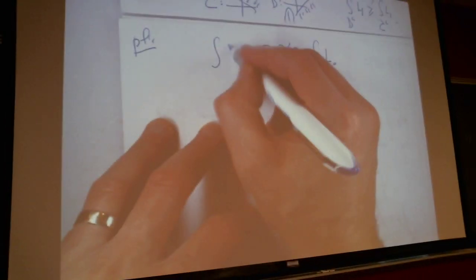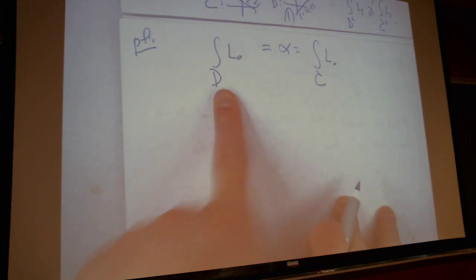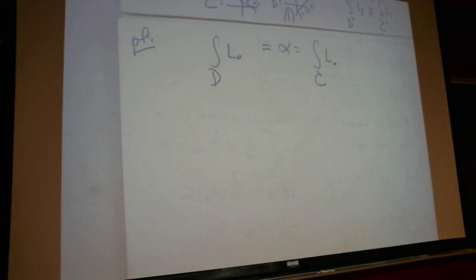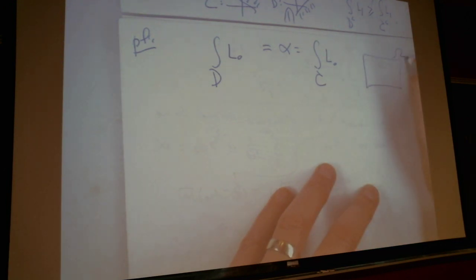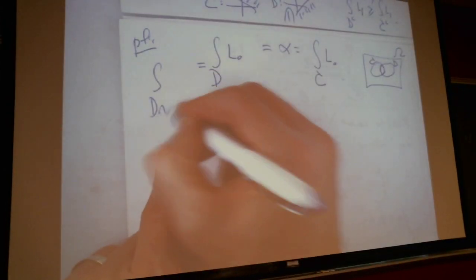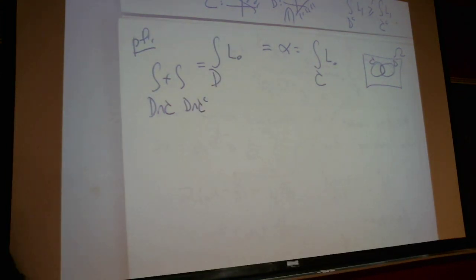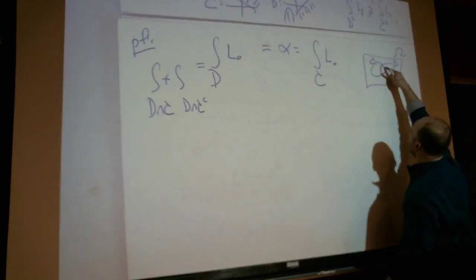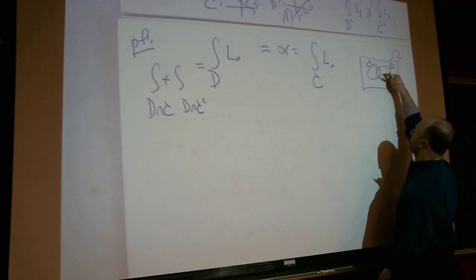For the same reason, if I integrate the likelihood over the region D, well, that's the size of the region D, and I assume that both regions have size alpha. The next little bit of the argument was to look at the set of all possible outcomes. Here's my critical region C, here's my critical region D, and then let's break D into, so the integral over D is the integral over D intersect C plus the integral over D intersect the complement of C. So D intersect C is this little inner loop, and D intersect the complement of C is this loon.